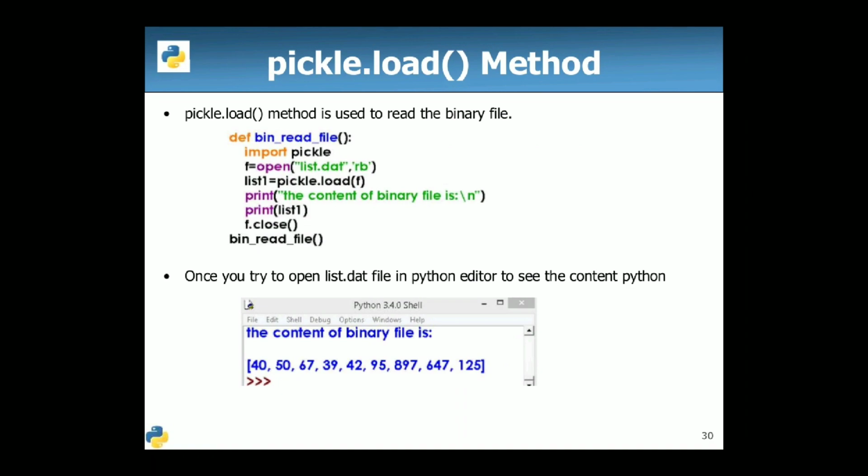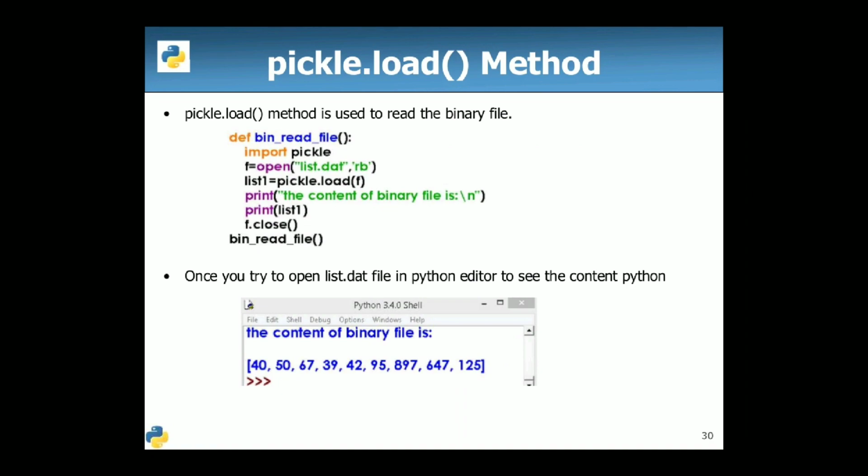Next method is the pickle.load method. This method is used to read the binary file. What if I want to load the data from my binary file and display it on the screen? A function is defined with the name bin_read_file. This function is used to read, that means to load, data from the binary file list.dat.